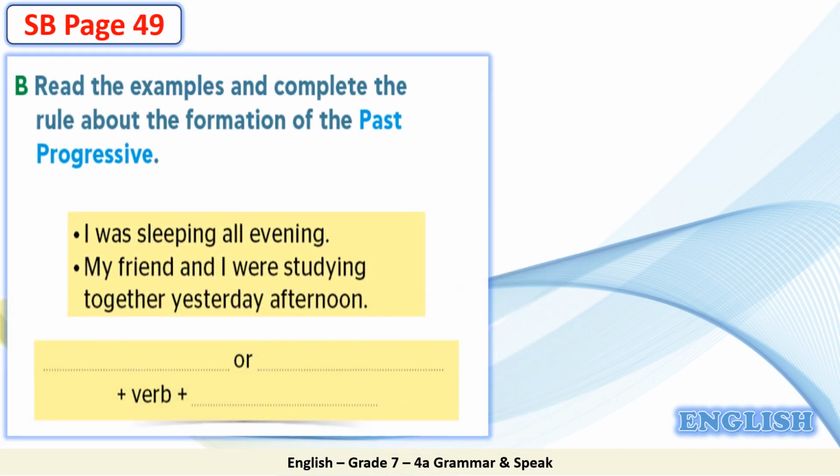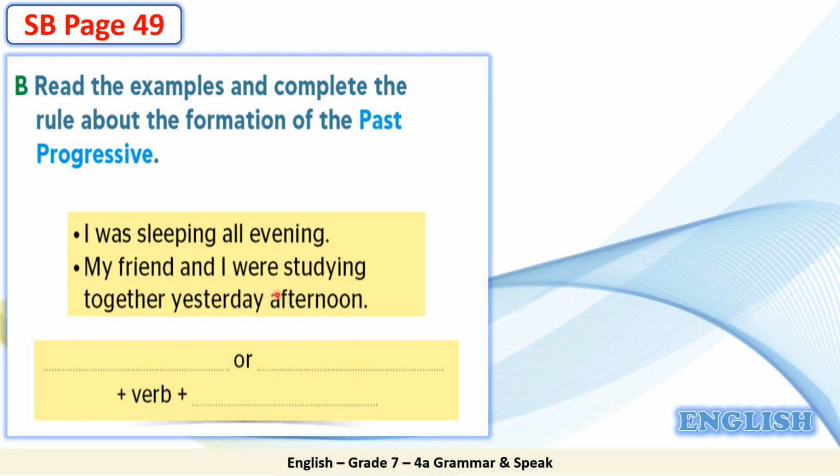Let's move now to task B. Read the given instructions. B. Read the examples and complete the rule about the formation of the past progressive. Here you have 2 given examples. And here you have the rule that you are going to complete after going through the given examples. Let's work it out. I was sleeping all evening.